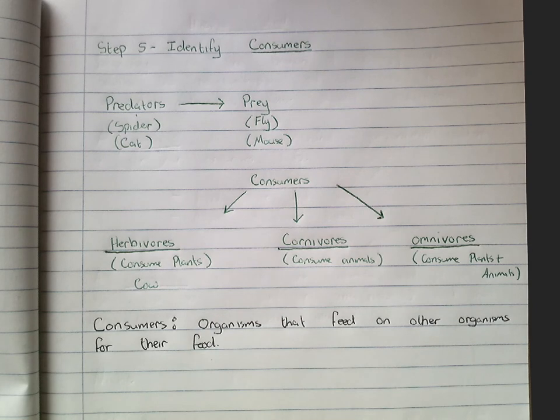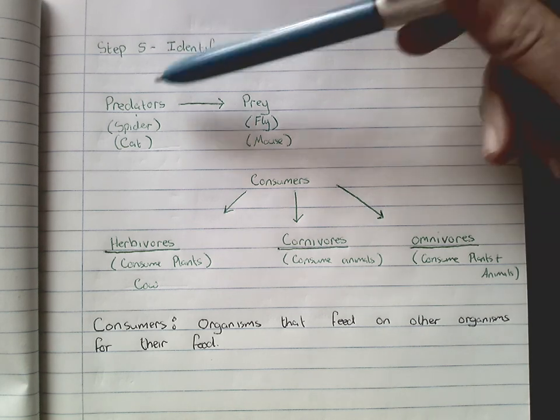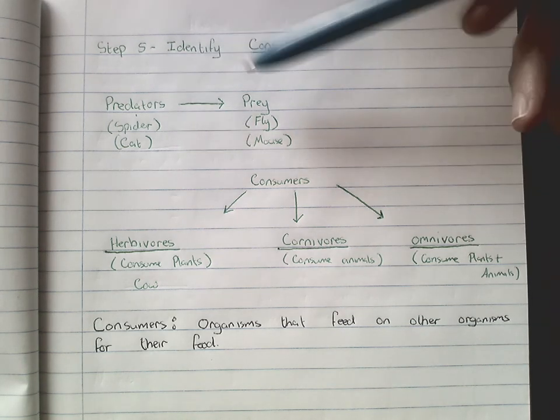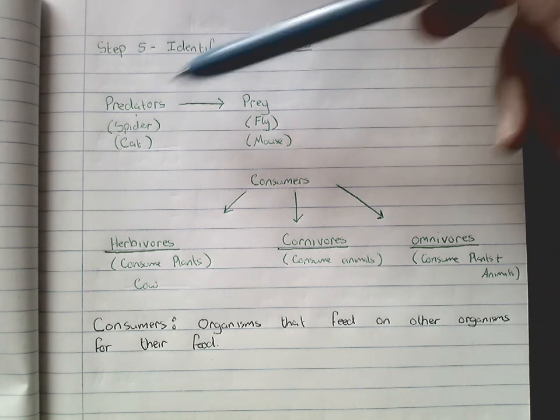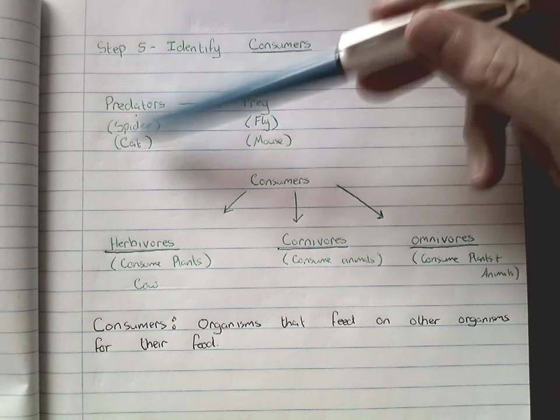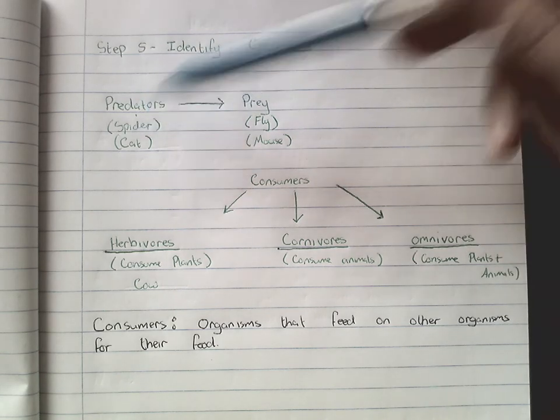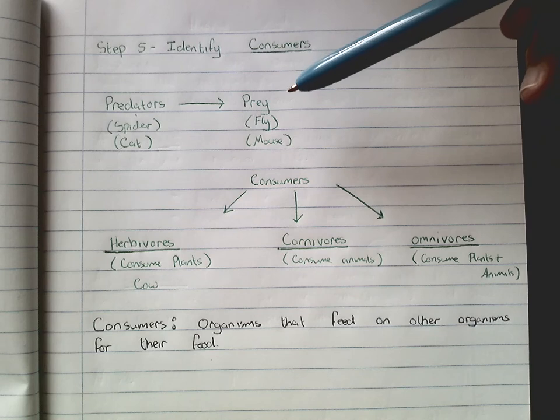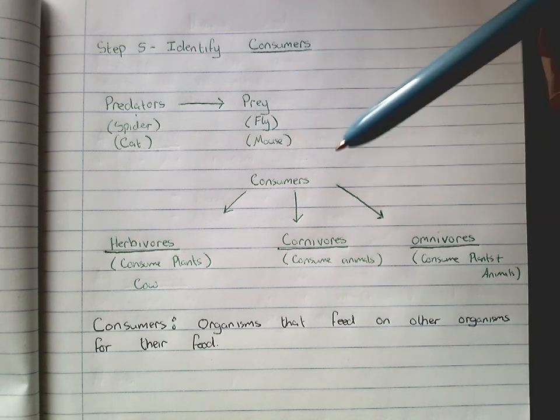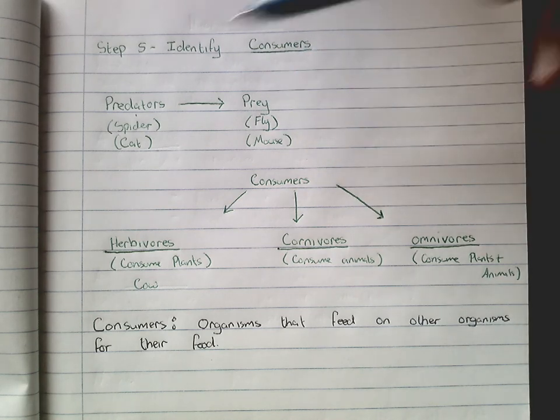You can break it down into predator and prey. Predators are animals that hunt, trap, and consume other animals, and prey are the animals that are hunted, trapped, and consumed by predators.